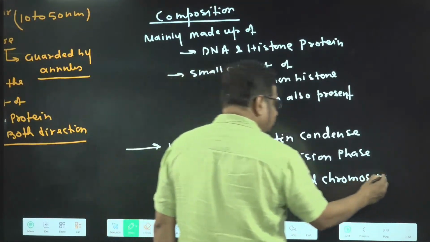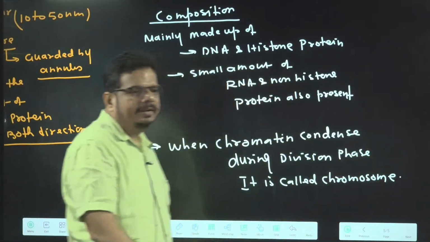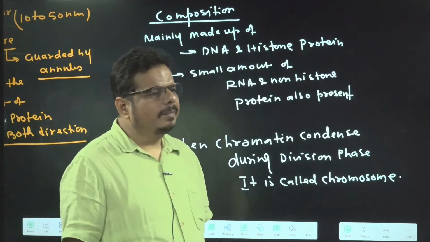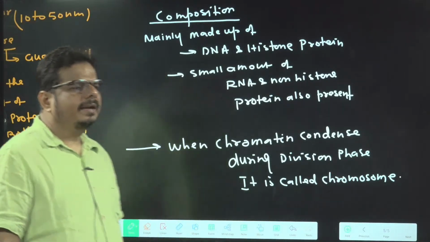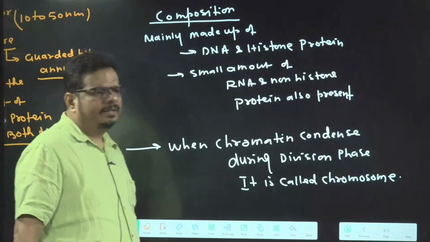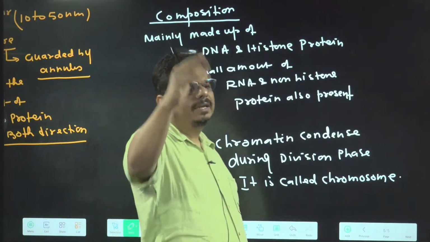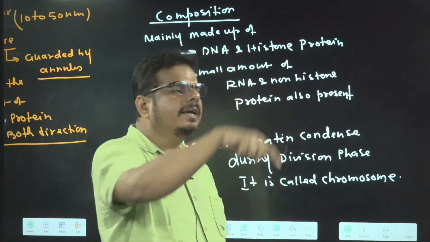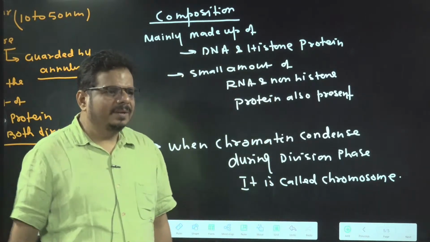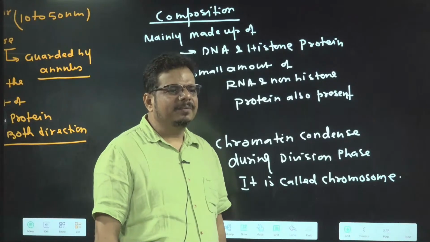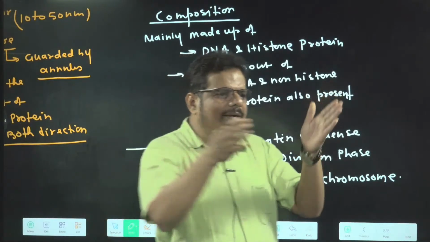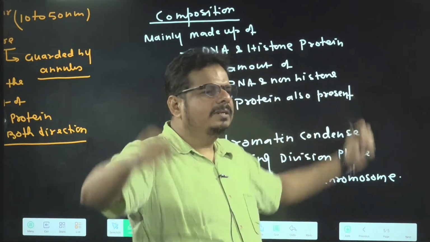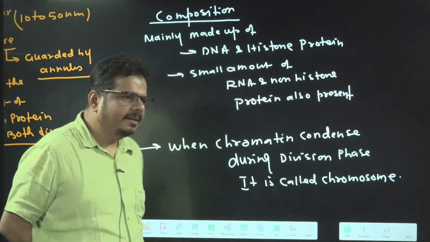Is it clear in the mind? When chromatin condenses during prophase, metaphase, anaphase, it is called chromosome. In telophase, once again it becomes chromatin, because telophase is the reverse of prophase. In prophase condensation occurs, in telophase decondensation occurs.